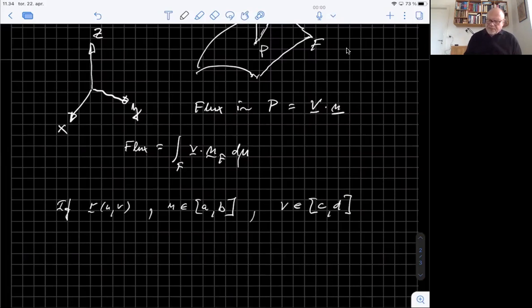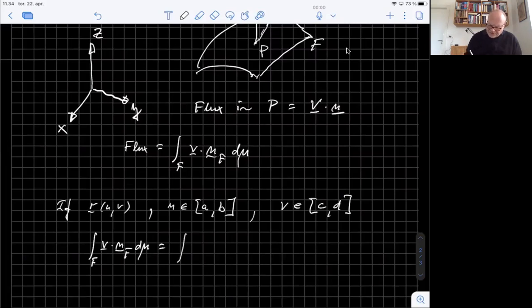If this is a parametric representation, then you can, so to speak, unfold this flux integral, making it into a double integral.